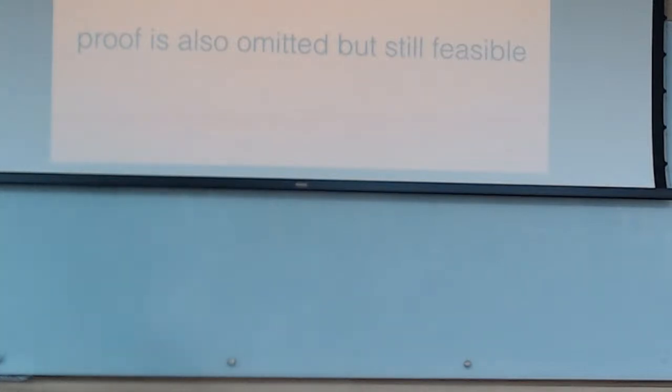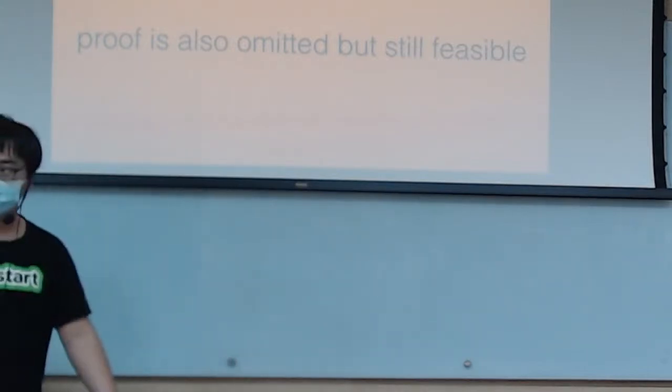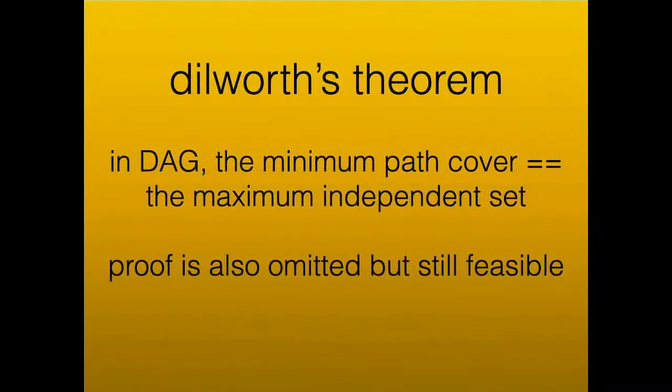Okay, and the last part before we go to lots of tasks is Dilworth's theorem. Again, some of you probably know it, but basically in a directed acyclic graph, the minimum path cover equals the maximum independent set.